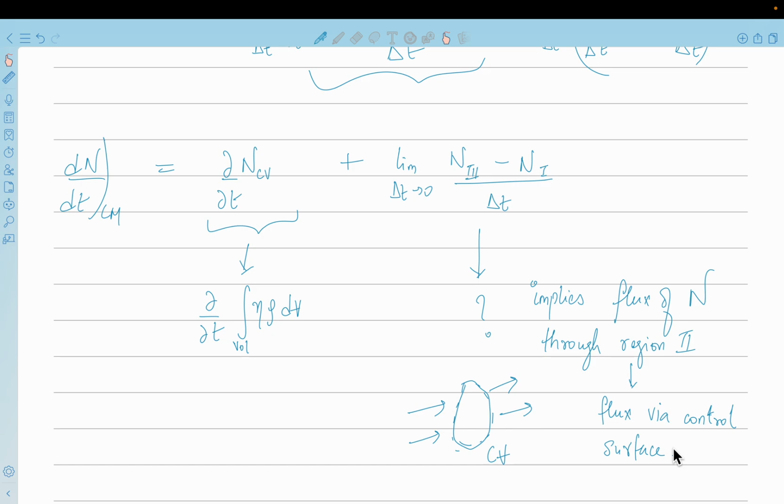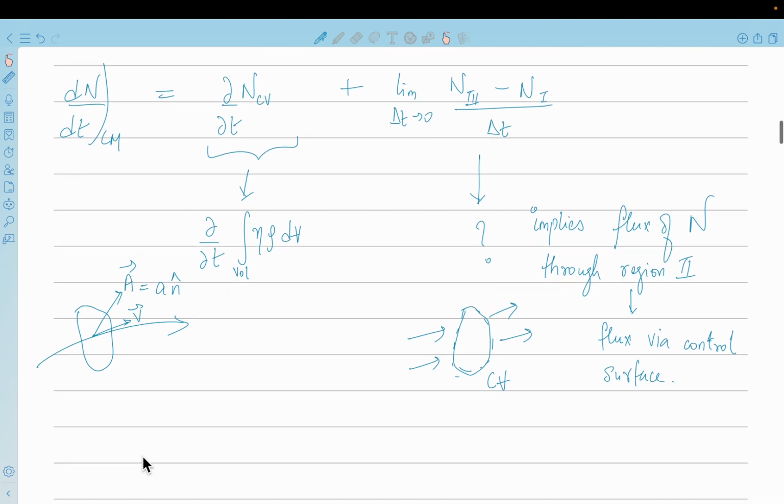Okay, so this is the part where we get to the flux term. I'm not going to derive it, but it is pretty simple. What you need to do is take a region and take the area vector, right? The area vector is nothing but the total area multiplied by the normal vector, and there is fluid flow. This is some streamline, so you can always draw the tangent to this streamline, which will give you the velocity vector. And what is the flux?